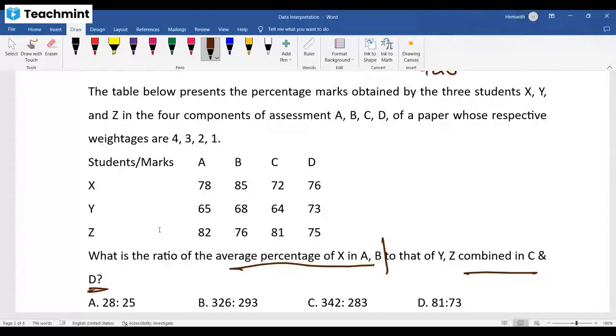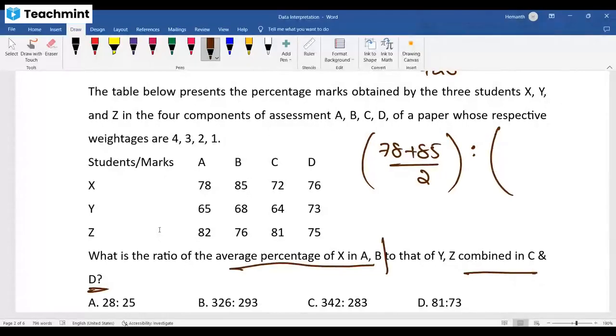So average of X in A and B is nothing but 78 plus 85 divided by 2. That's the first term, complete. Fine. Whereas next one, Y comma Z combined in C and D.